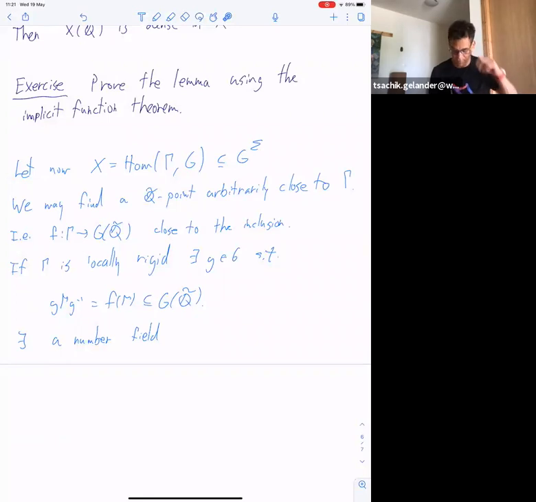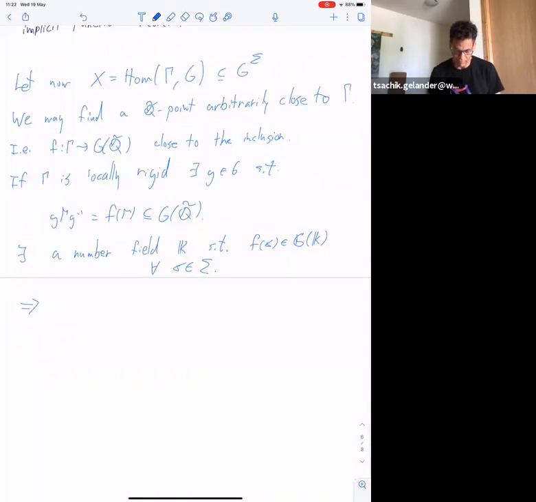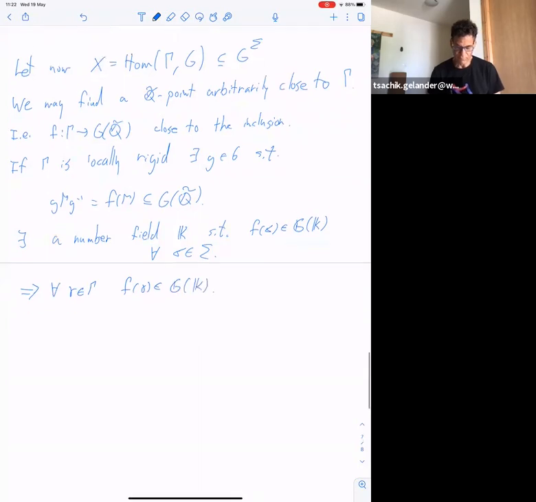Since Γ is finitely generated, going over all the generators, there is a number field K such that f of σ belongs to G(K) for every σ in the generating set, which implies, since this is a group, that for every γ in Γ, f of γ belongs to G(K).